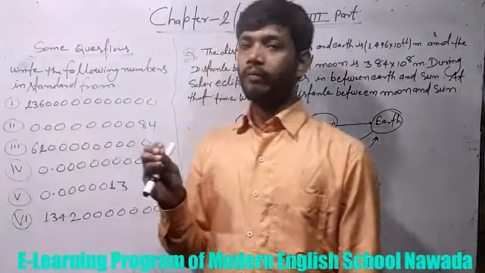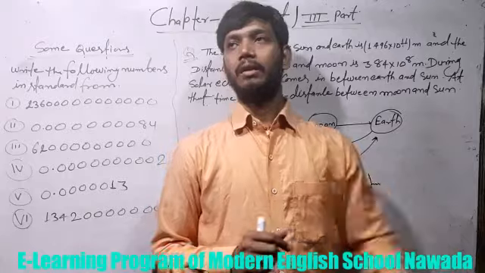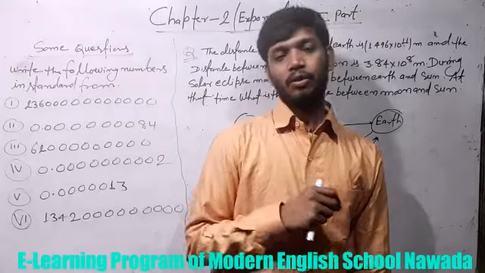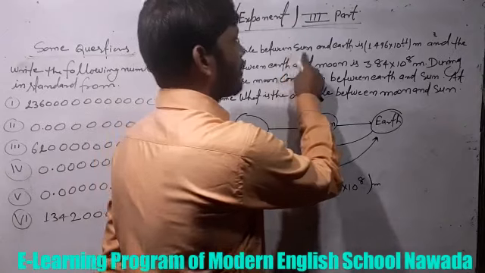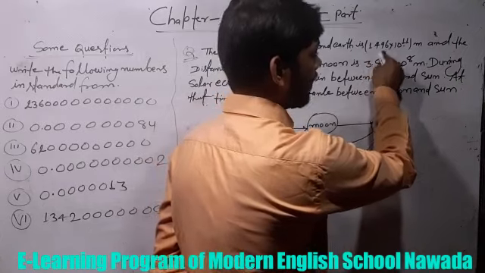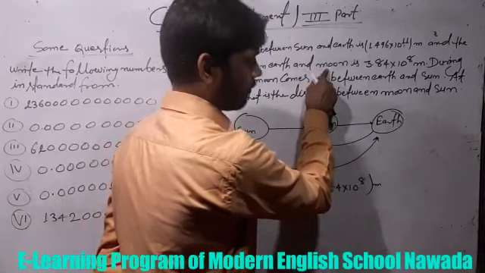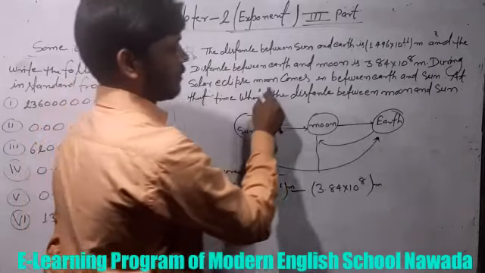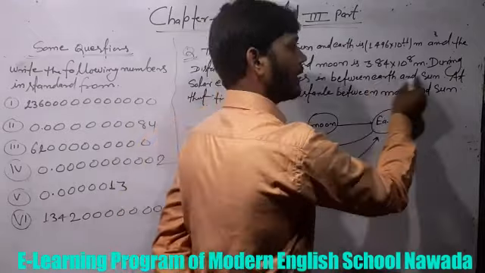Now I am discussing a very important question given in the R.S. Agarwal book, example number 4. In this question, the distance between Sun and Earth is 1.496 into 10 to the power 11 meter, and the distance between the Earth and Moon is given. During a solar eclipse, the Moon comes in between Earth and Sun.